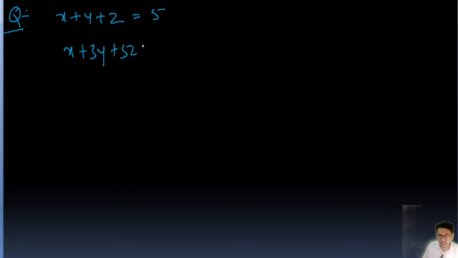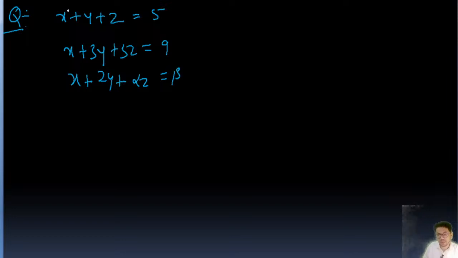The question is: x plus y plus z equal to 5, and x plus 3y plus 3z equal to 9, and x plus 2y plus alpha z equal to beta.